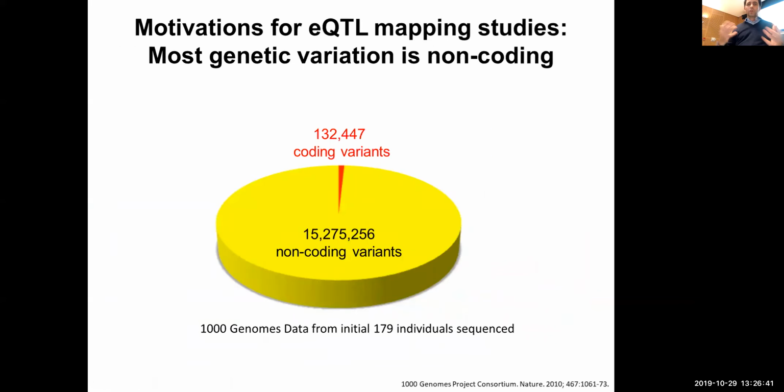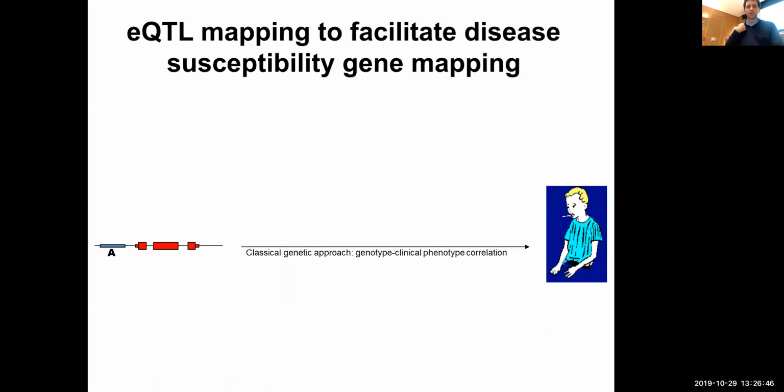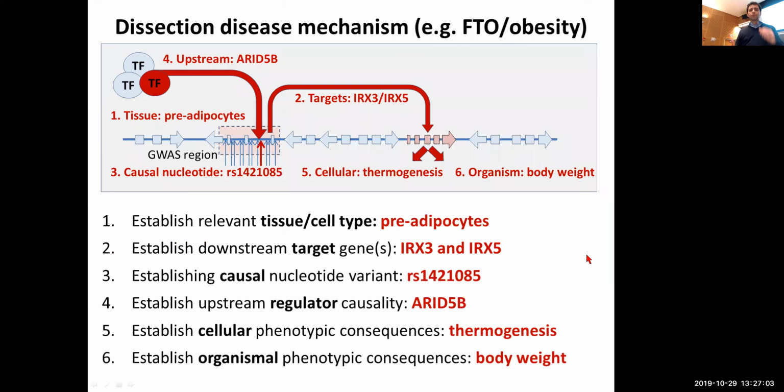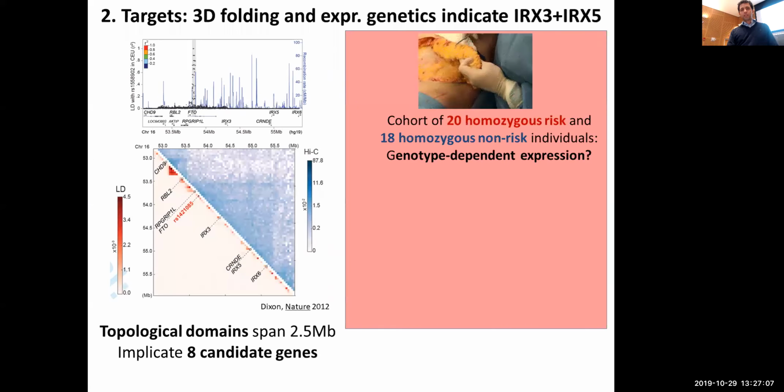Okay, so most genetic variation is non-coding, and we have to go after it somehow. And eQTL mapping basically says, how is this particular genetic variant affecting not the protein directly, but the expression of that protein in particular scenarios, which can then ultimately lead to disease. Okay, so that's what eQTL analyses are effectively doing, basically painting this path of causality.